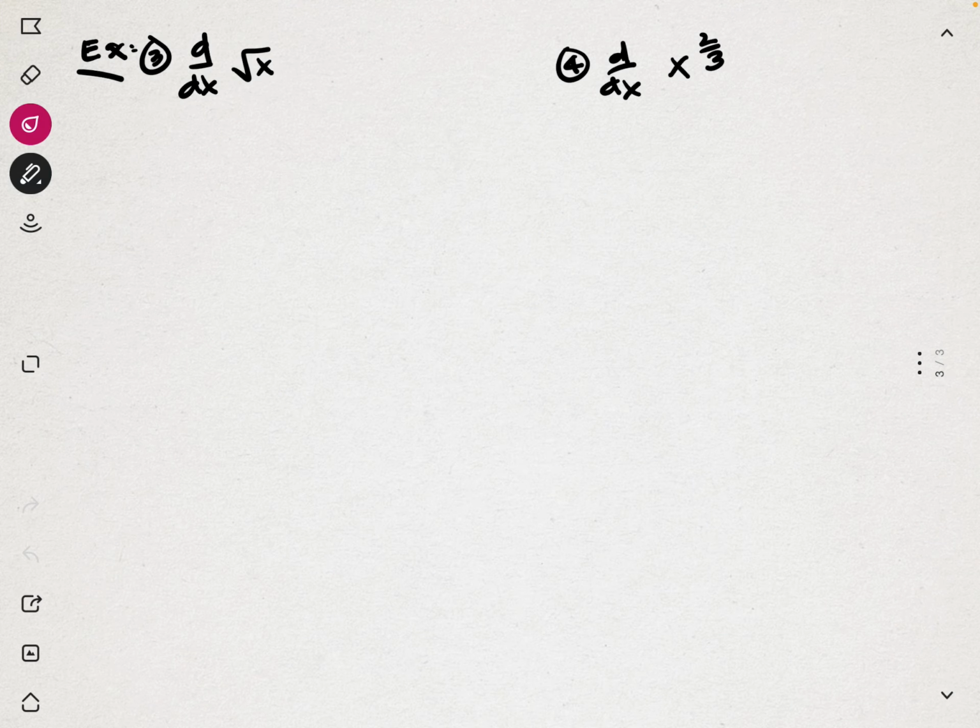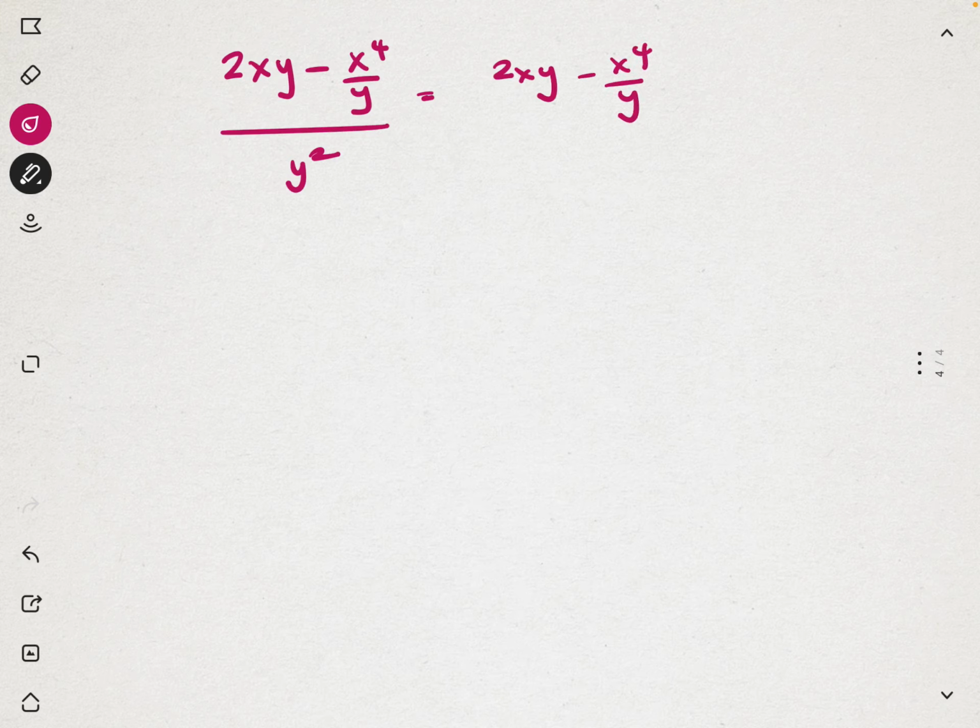So 2xy minus x to the fourth over y, all over y squared. Okay, so from here on out, it's going to be just some algebra. What we can do here is multiply the numerator by the reciprocal of y squared, so 1 over y squared.